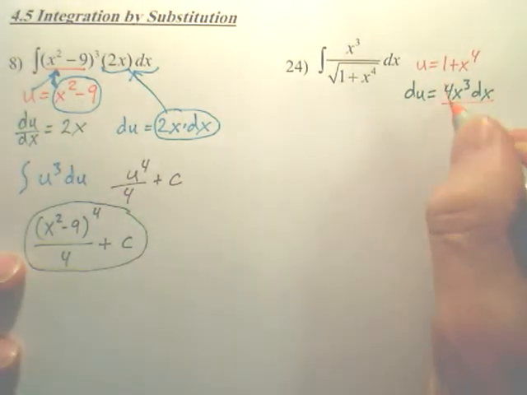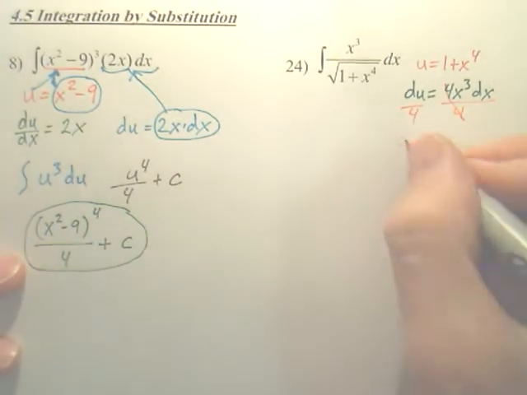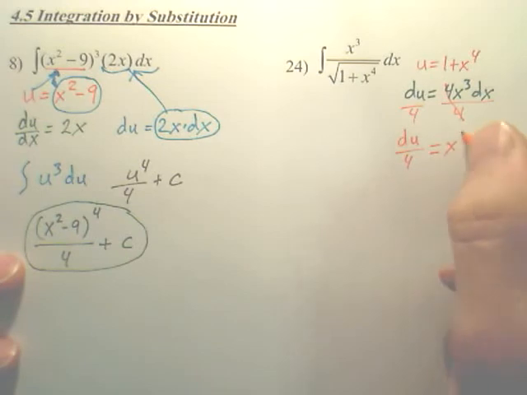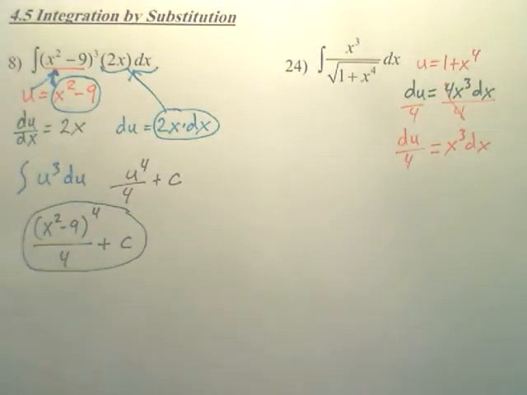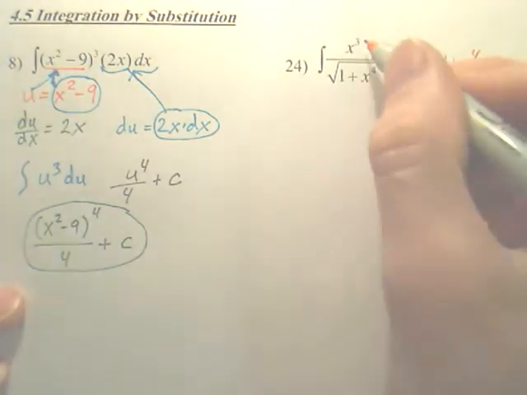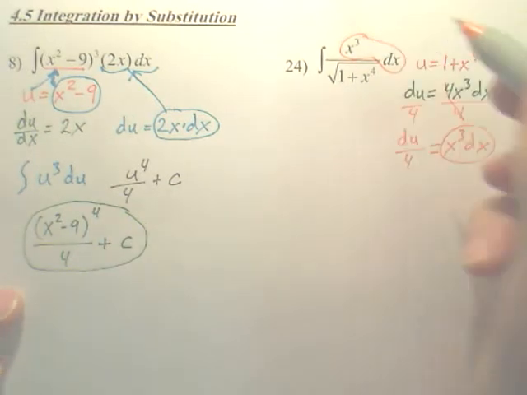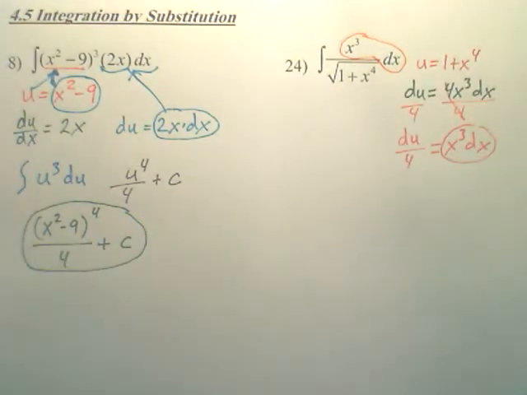If I divide the 4 over, I now have du over 4 equals x to the third dx. Does this match that? So can I replace that circle with du over 4, or 1/4 du? Could I also take this and replace that with u?